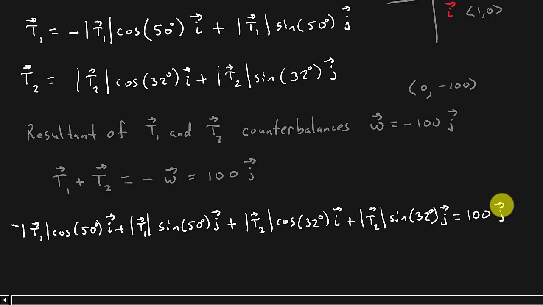Okay, that's what we've got there, right? T1 plus T2 has to equal that. So that's what I did. I put this in for T1, put this in for T2.